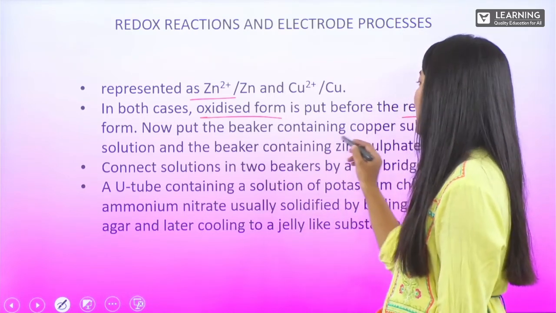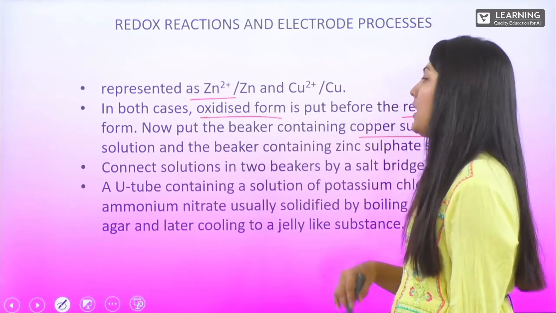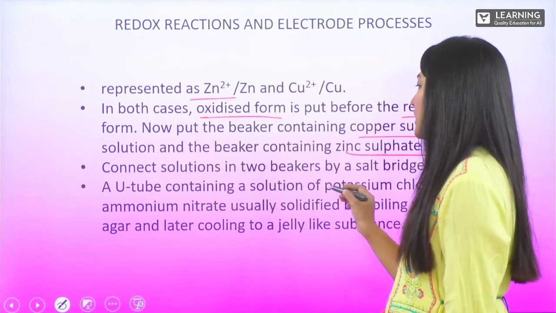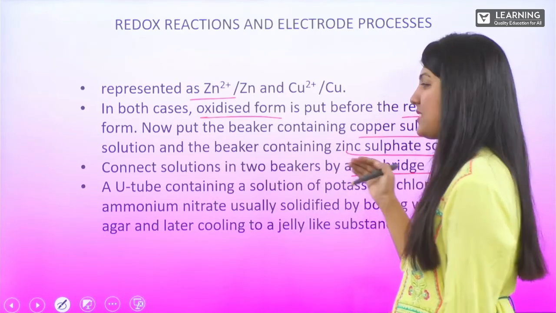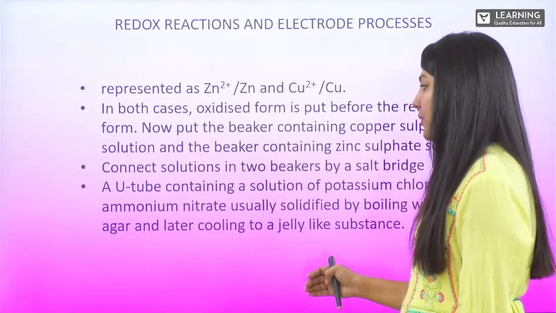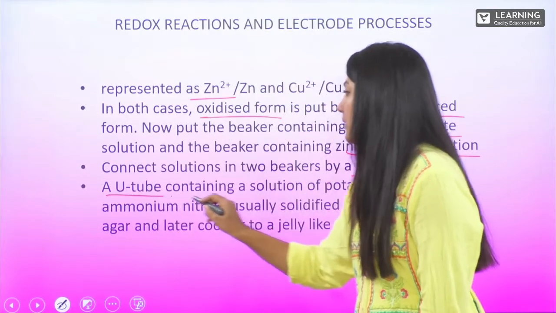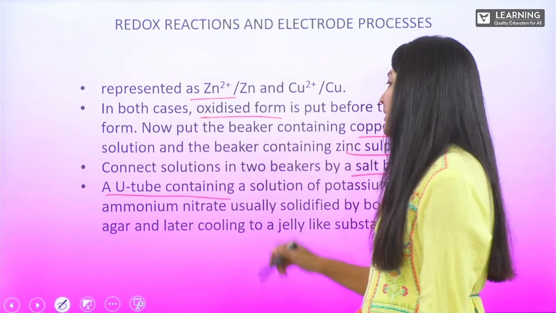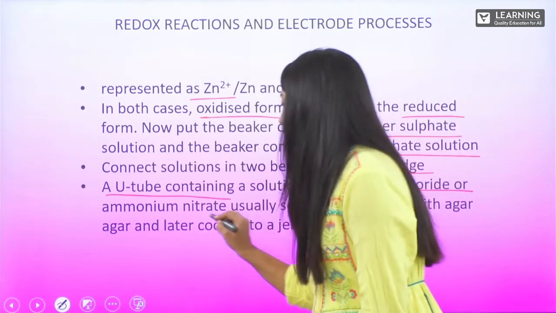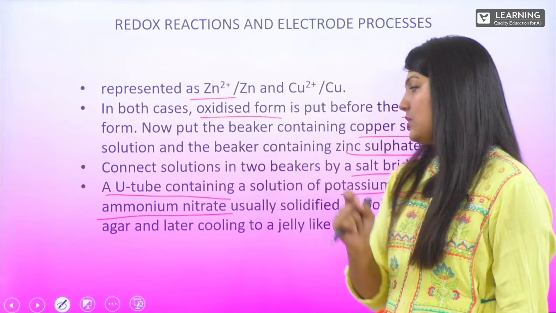Now put the beaker containing copper sulfate solution and the beaker containing zinc sulfate solution. Connect the solutions in the two beakers by a salt bridge. The same explanation; this setup has been explained further. A U-tube containing a solution of potassium chloride or ammonium nitrate is used as a salt bridge.